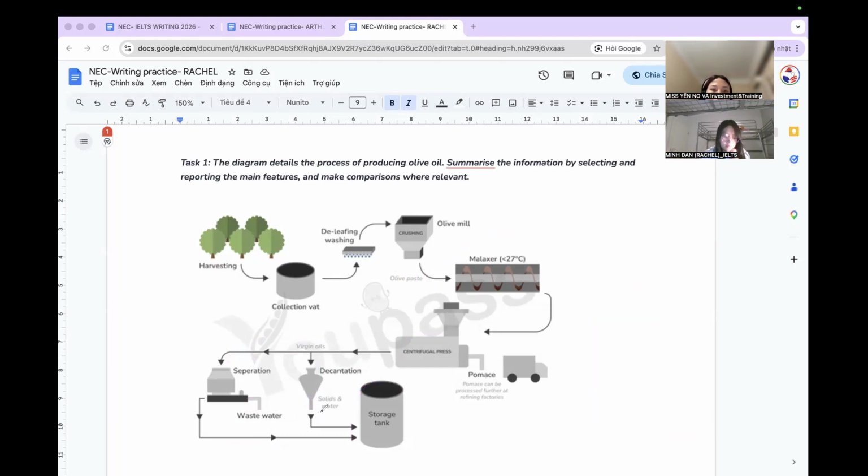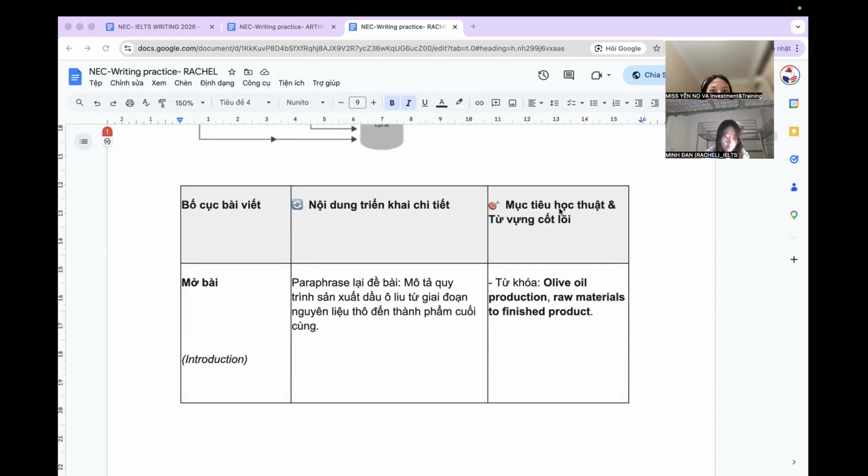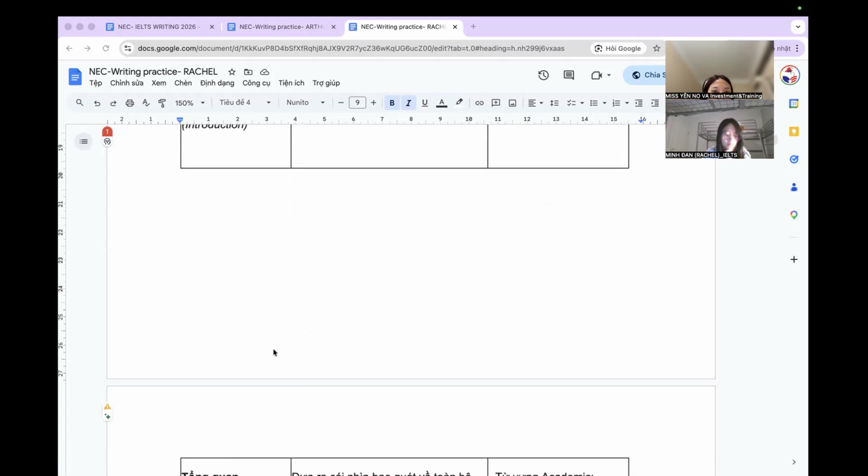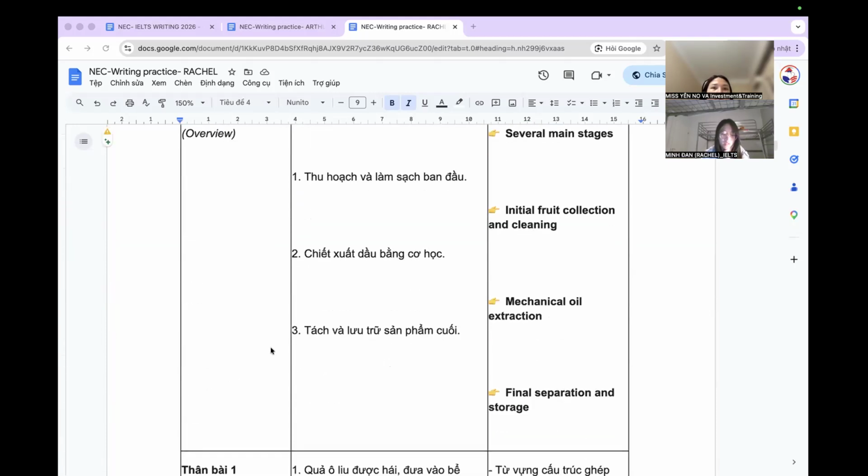And then we have to deal with the solid and water. So the biomass is the solid and the water. I would say so. The biomass can be processed further at refining factories. And I prepared the overview for you right here with some vocabulary so you can develop your writing.